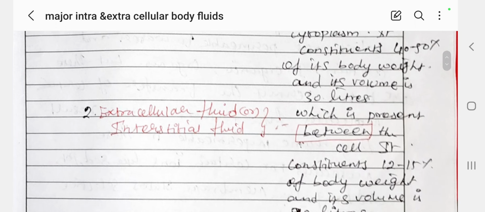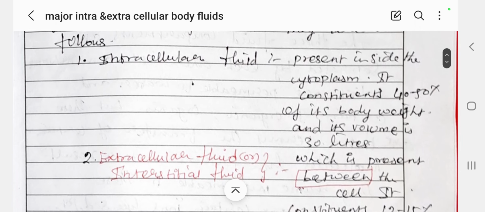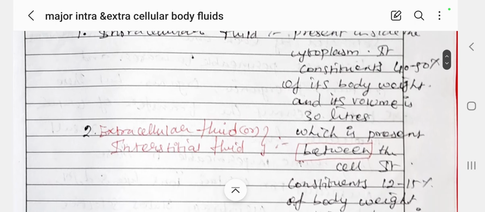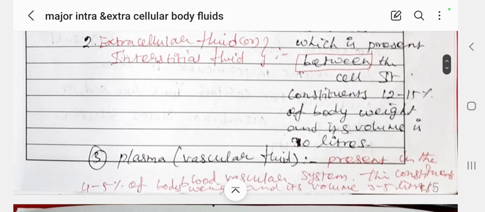The various compartments are classified into three: first, intracellular fluid; second, extracellular fluid or interstitial fluid; and third, vascular or plasma fluid.